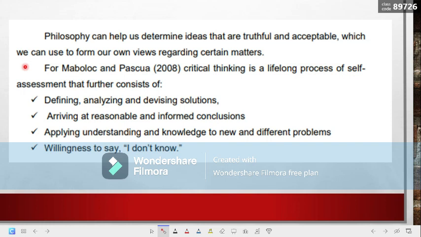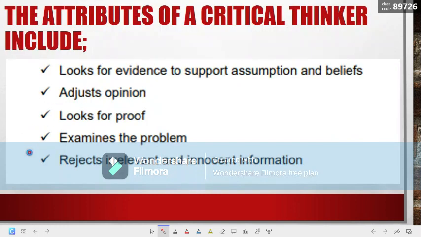Now, Bullock and Pasqua in 2008 said, critical thinking is a lifelong process of self-assessment that further consists of defining, analyzing, and devising solutions, arriving at reasonable and informed conclusions, applying understanding and knowledge to new and different problems, and willingness to say "I do not know."